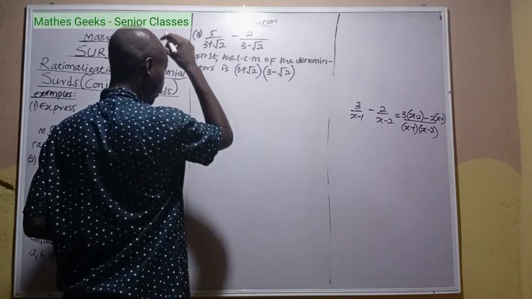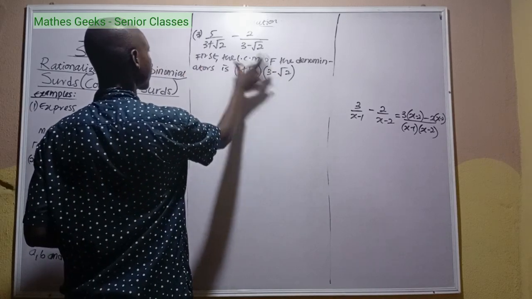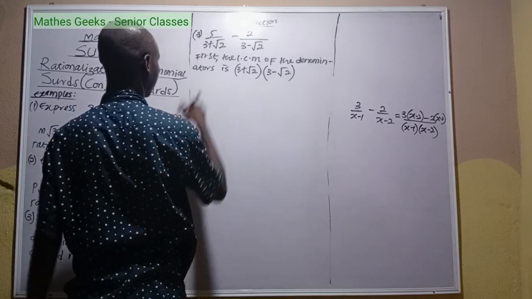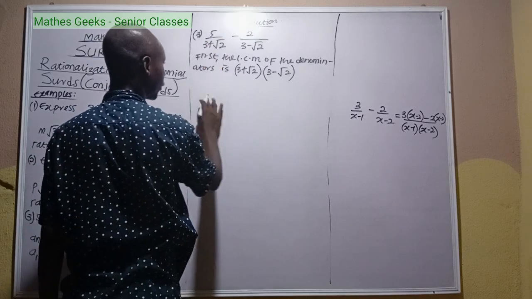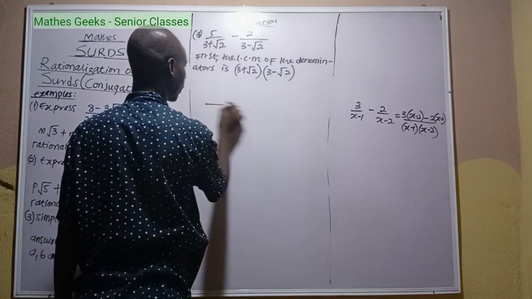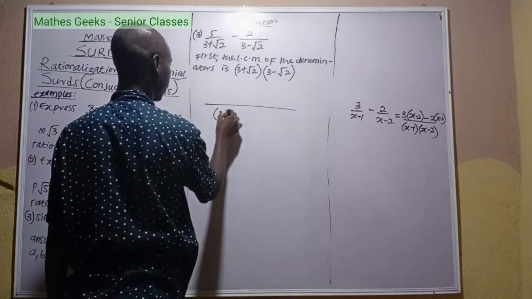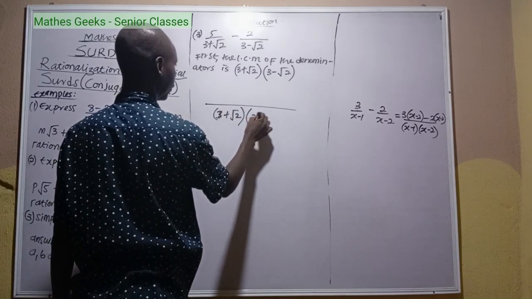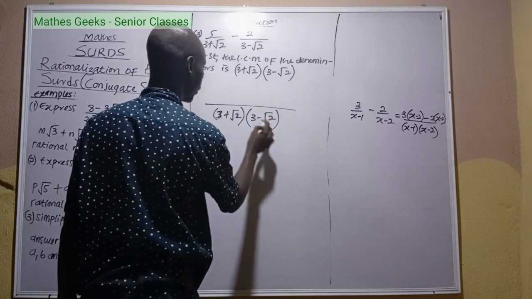We use our LCM to divide the denominators and then multiply by what we have as the numerator. So let's write our LCM down. Our LCM is 3 plus root 2, 3 minus root 2.